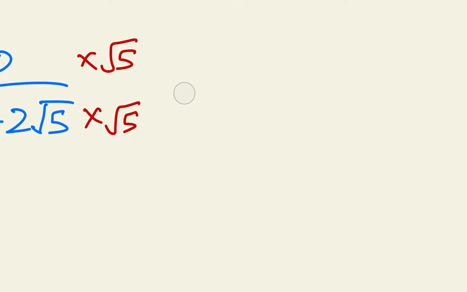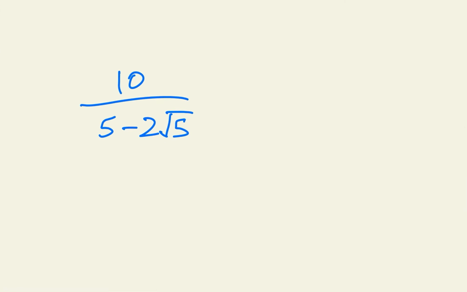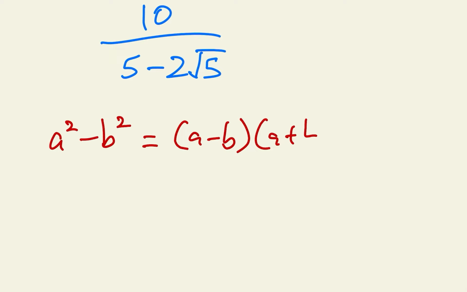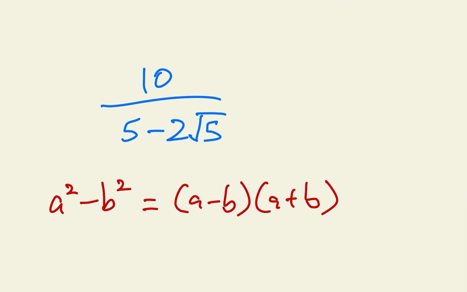So how do we actually rationalize this fraction here? Now if you still remember your identities, your a square minus b square identity, this will give you a minus b times a plus b. That's exactly what we are facing right now. We can see that this 5 here is your a, and this 2 times square root 5 here is your b.